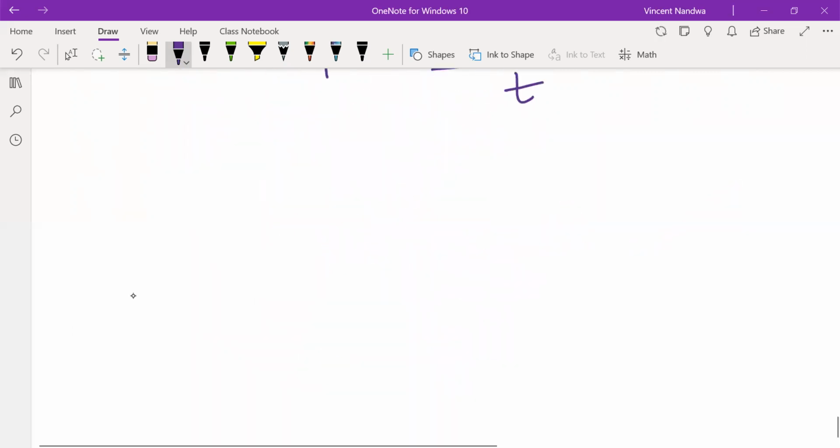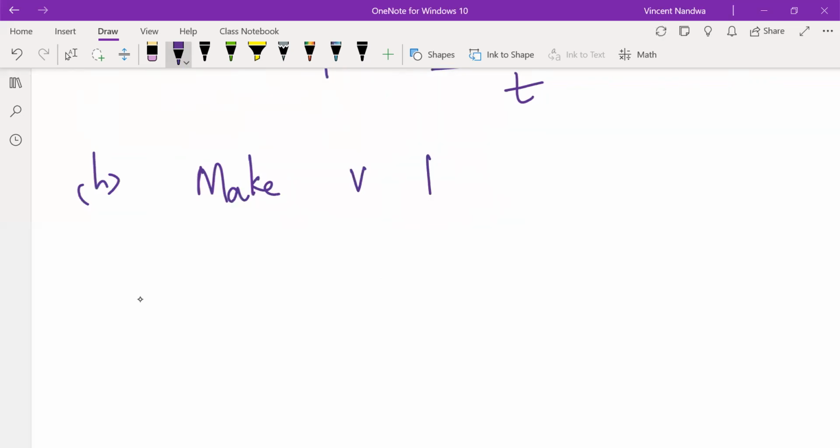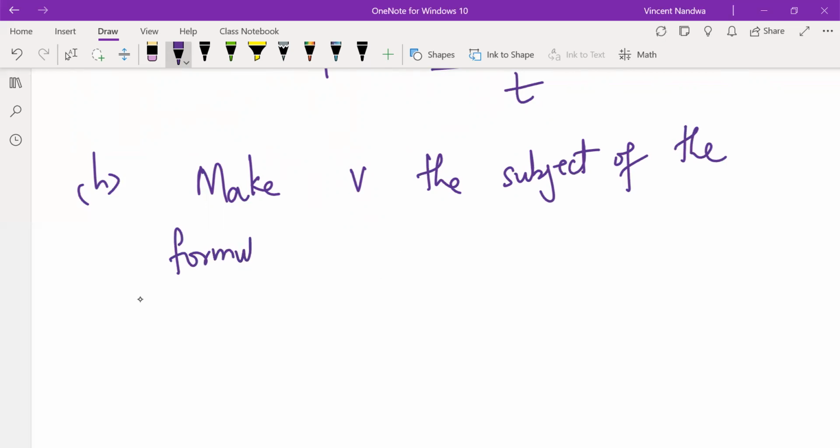And then second last one, that was gh. Make v the subject of the formula where we have K is given by a half m v squared.